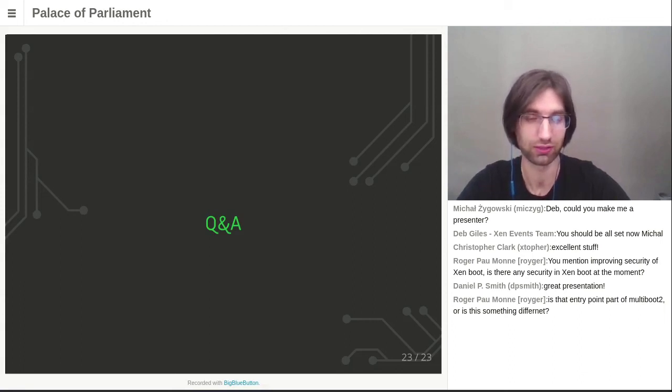Currently for Multiboot 2, there is no different entry point. In reality, whatever we end up doing will be something close to how the Multiboot 2 entry currently works, because it's almost like we designed that because it was easy.